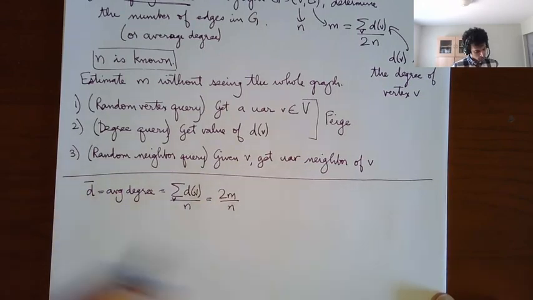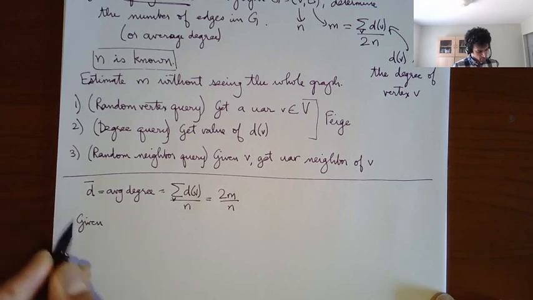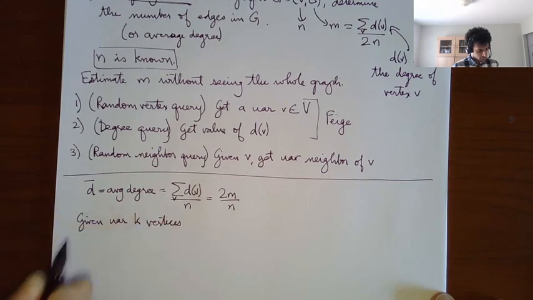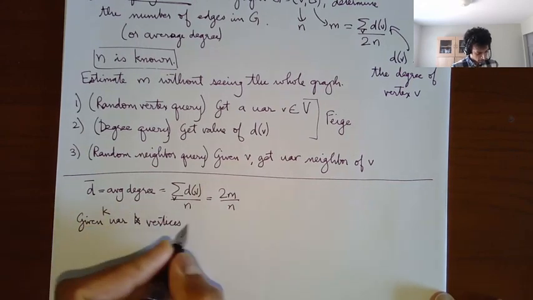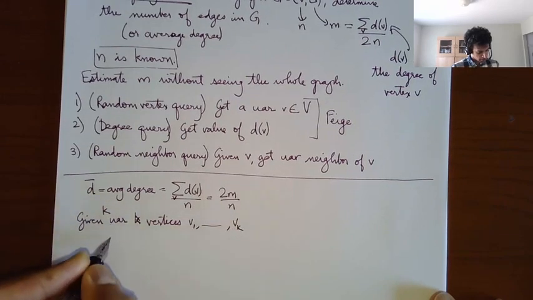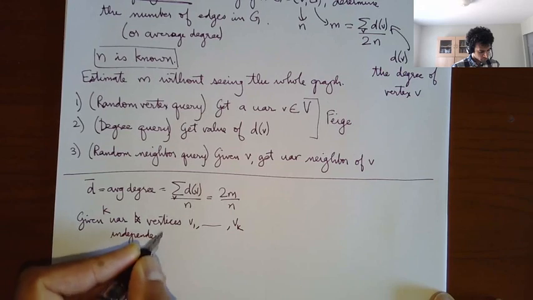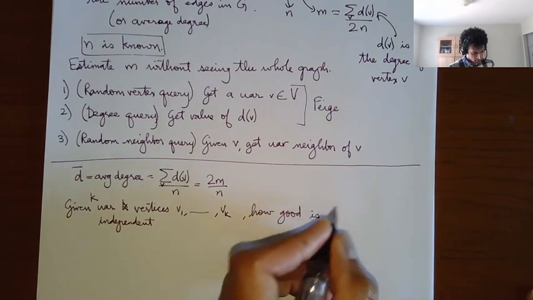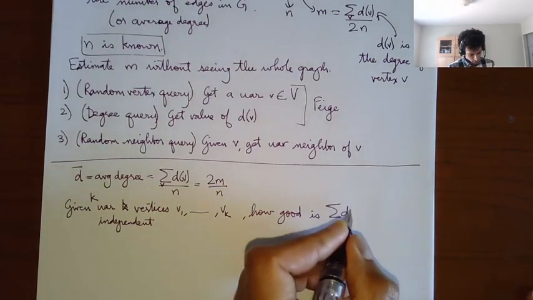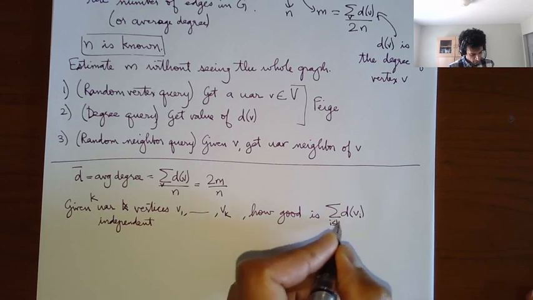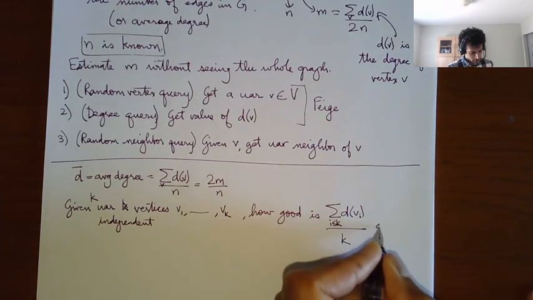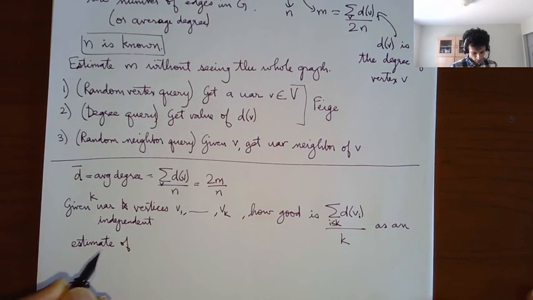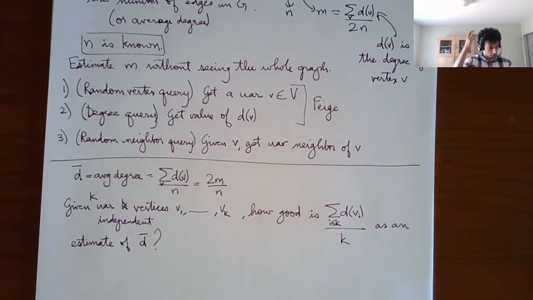Okay, so given k uniform at random, independent vertices v_1 to v_k, how good is the estimate, the sum of d(v_i) for i less than or equal to k divided by k, as an estimate of the average degree?